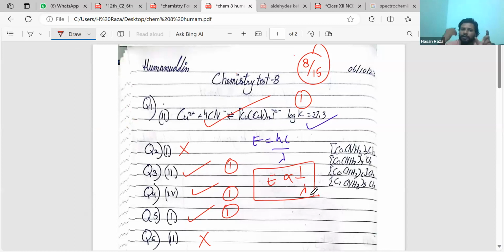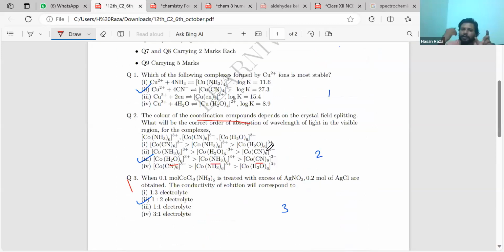Okay, so in this question you can see H2O is there and CN is there. The weak field ligand means the energy is minimum. Crystal field stabilization energy is minimum. Minimum energy means maximum wavelength. In the same way, are you getting my point? Basically, both the questions are the same. Are you getting my point?